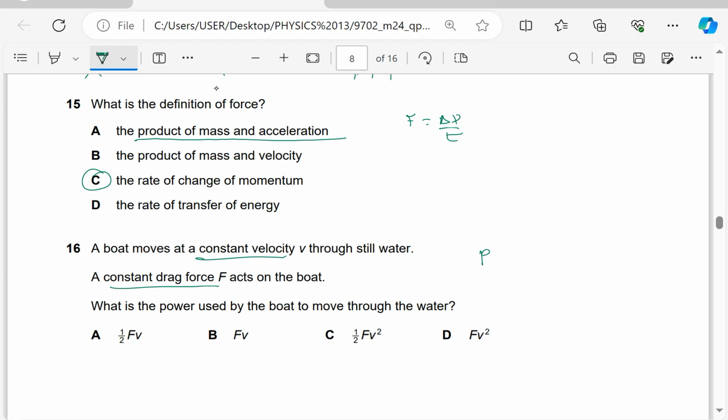Of course, we know power is equal to work done over time taken, which is force times distance or displacement, divided by time, which is the same as force times velocity. So the answer is automatically B. Displacement over time is velocity, so the answer is force times velocity.